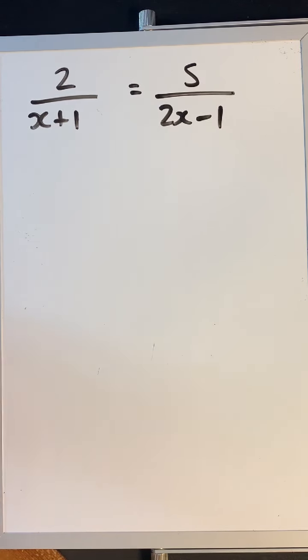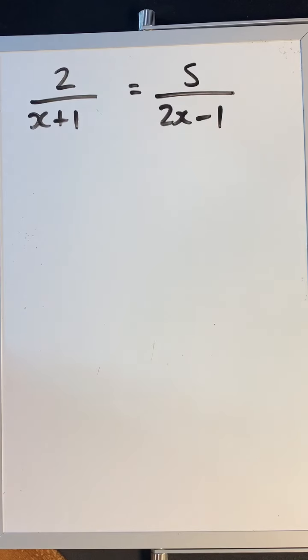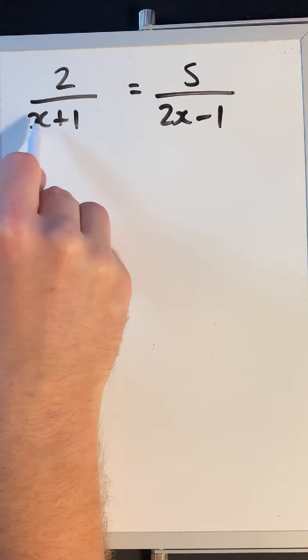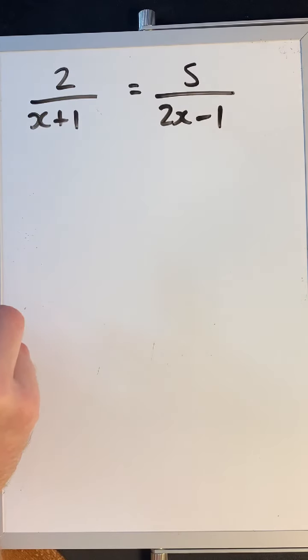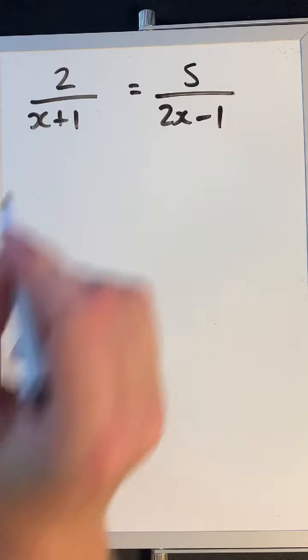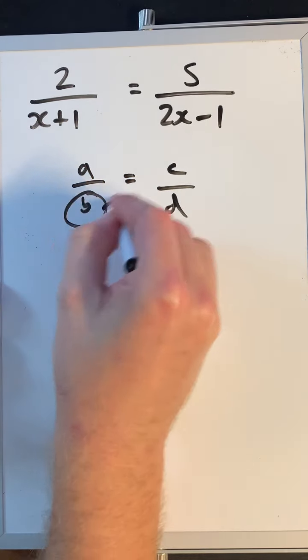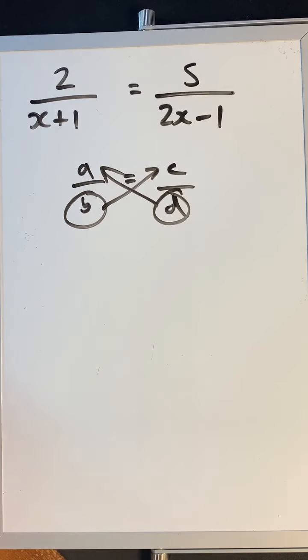What we've got to remember though, when we cross multiply, we've got to take everything on the bottom here to the top, top right in this case and top left in that case. You can't just take the x up or take the 1 up or take the 2x there or the minus 1 up there. When we've got something in this form, we need to take all of this up to the top.